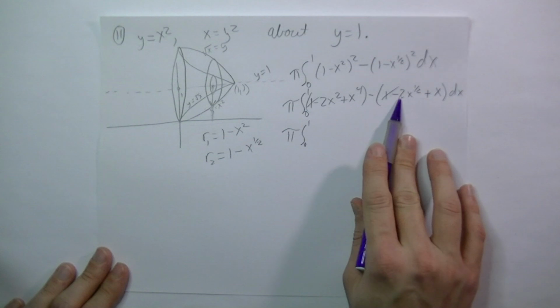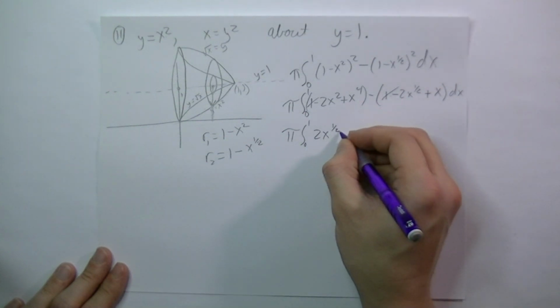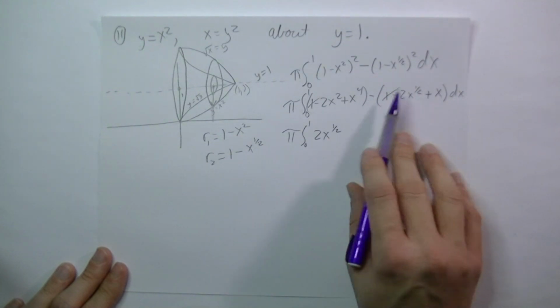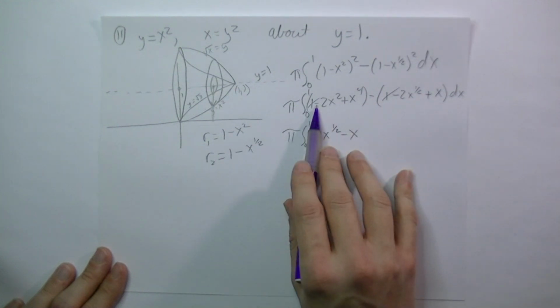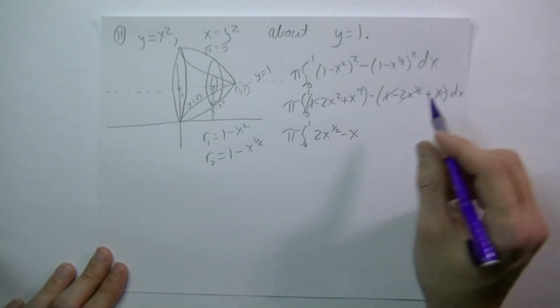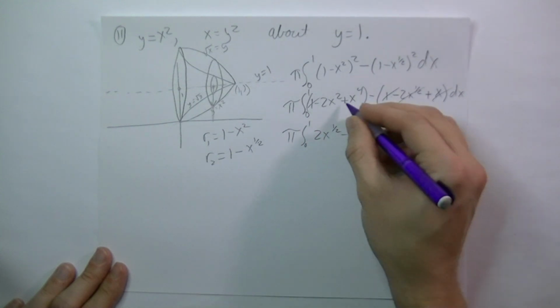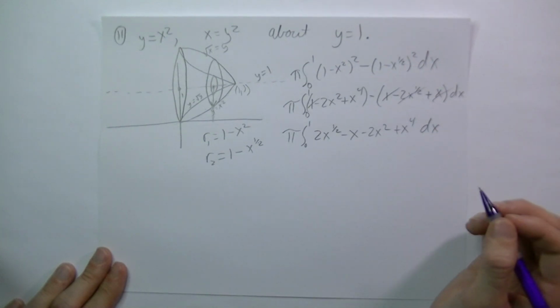So it's a negative negative, that makes it positive, 2x to the 1/2. And then I have x to the first here, so it's a minus a positive, that makes it a negative x. Then here I have negative 2x squared, and here I have positive x to the 4th, and integrating with respect to x.